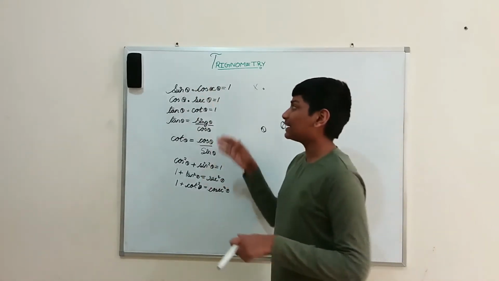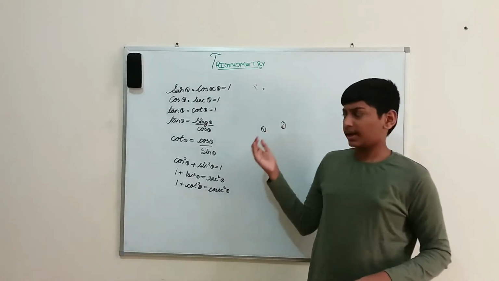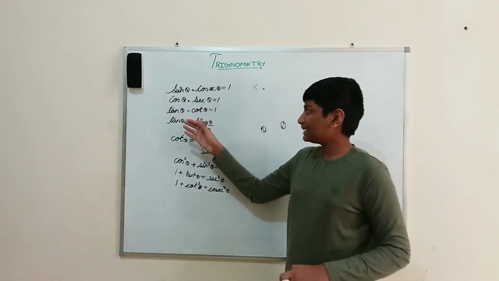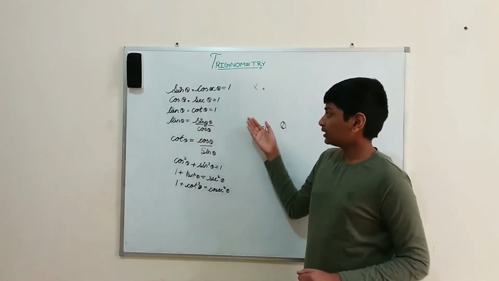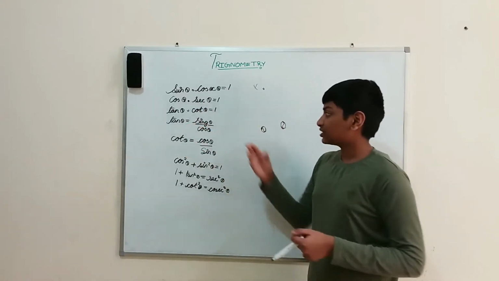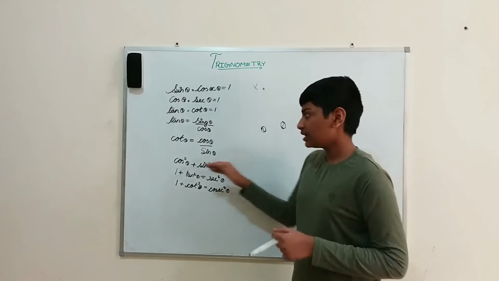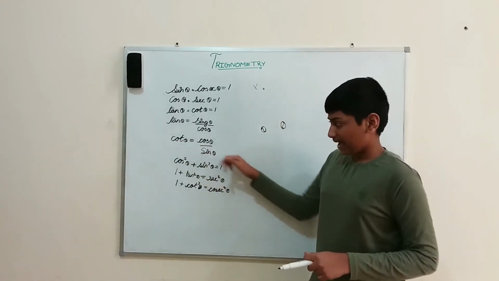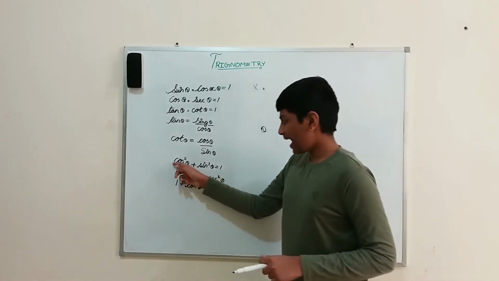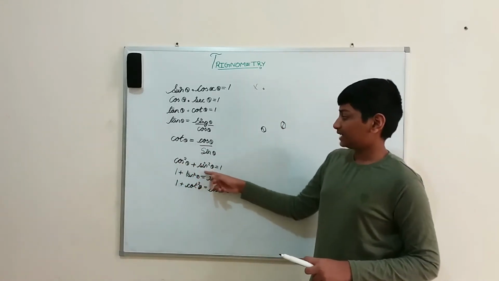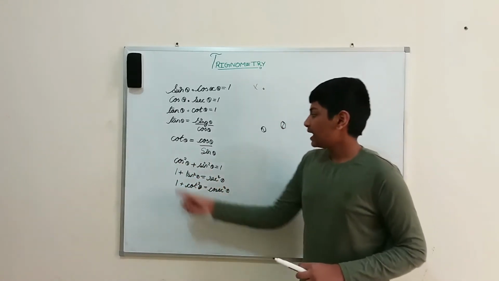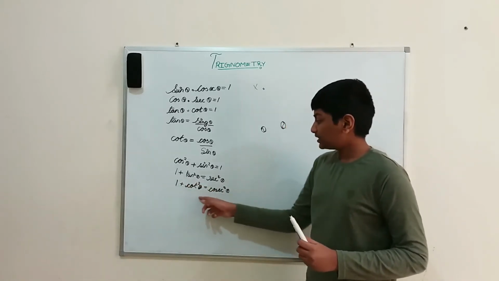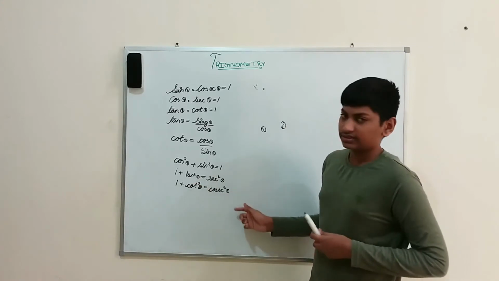So sine theta into cosec theta equals 1, and cos theta into sec theta equals 1, and tan theta into cot theta equals 1, and tan theta equals sine theta by cos theta, and cot theta equals cos theta by sine theta, and cos square theta plus sine square theta equals 1, and 1 plus tan square theta equals sec square theta, and 1 plus cot square theta equals cosec square theta.